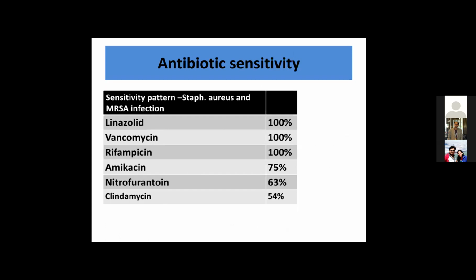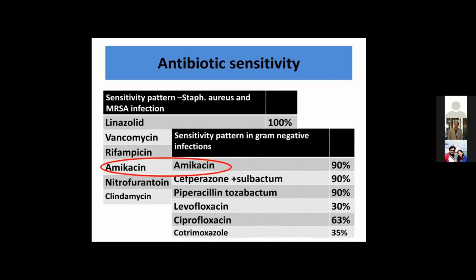So in our study, according to the culture sensitivity pattern, gram-positive organisms showed good sensitivity to linezolid, vancomycin, rifampicin, and somewhat good response to amikacin and oral antibiotics such as nitrofurantoin and clindamycin in around 50% of patients. In gram-negative infections, we had good sensitivity to amikacin, cephalosporin sulbactam, piperacillin tazobactam.